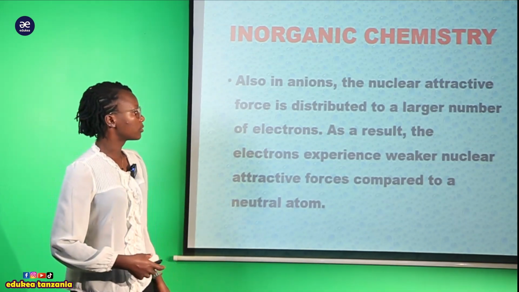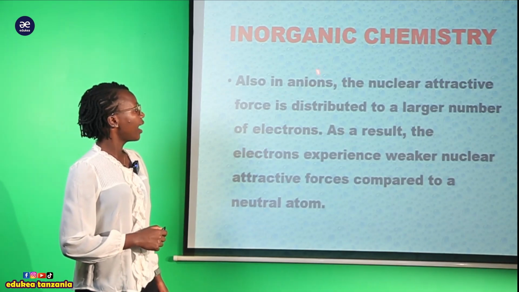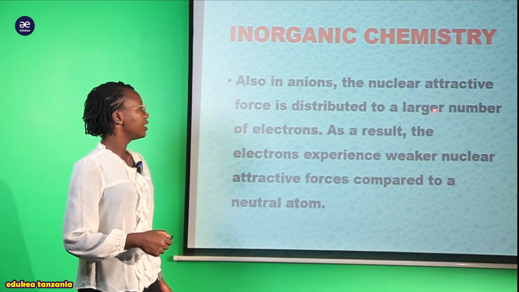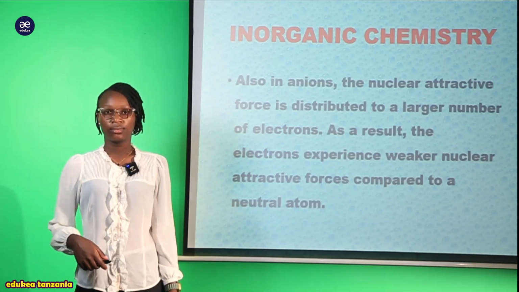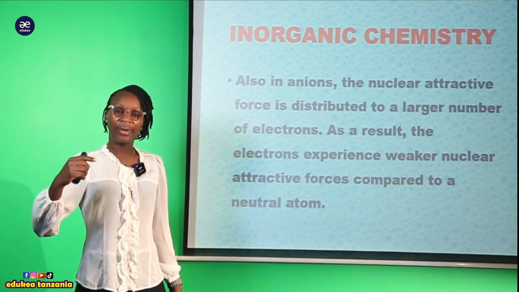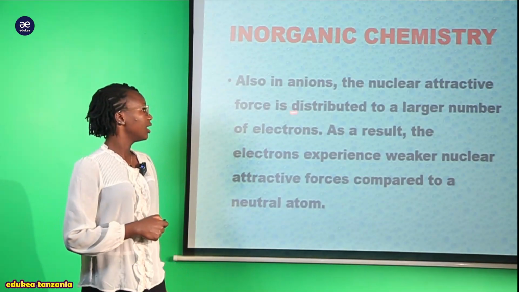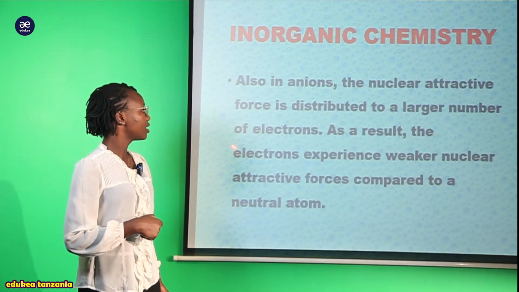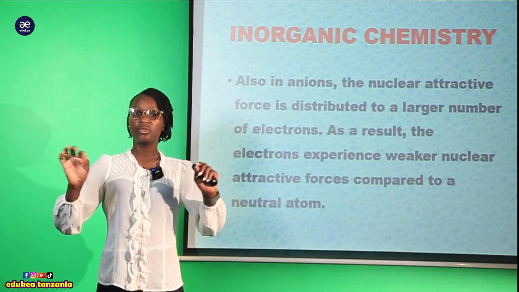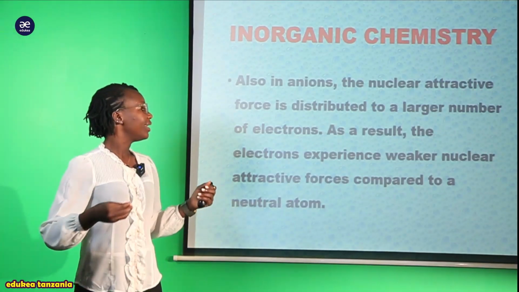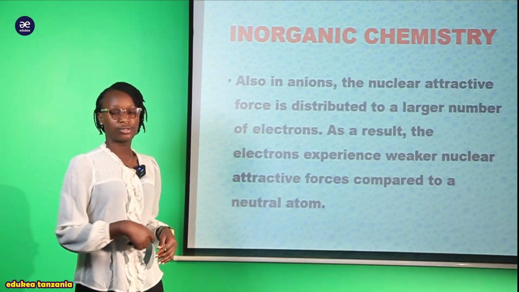Also, in ions, the nuclear attractive force is distributed to a large number of electrons. Sasa anasema kwamba pia kwenye hizi ions unaona kwamba ile nuclear attractive force inakuwa distributed to the large number of electrons. Kwamba inakuwa distributed, it's like inagawanyika. Inakuwa distributed ambapo kuna large number of electrons.